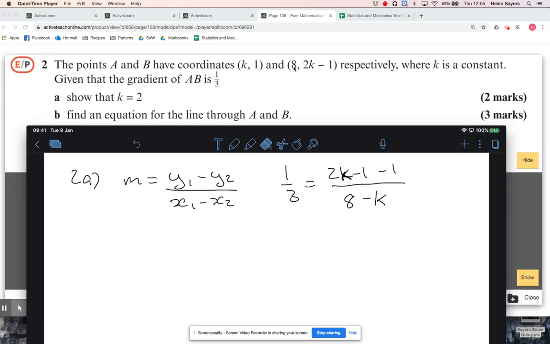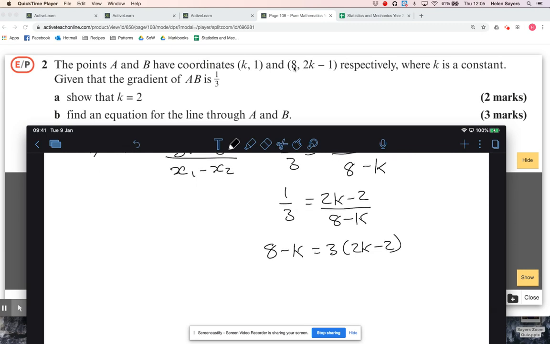So I'll do it in a few stages just so I don't get lost anywhere. So I'll just tidy up that numerator. Then I'm going to multiply up by the 8 minus k and up by the 3. I'm just going to cross multiply. Okay, so this is probably a bit more work than it should be for 2 marks, but with a show that question, I always want to be on the safe side.